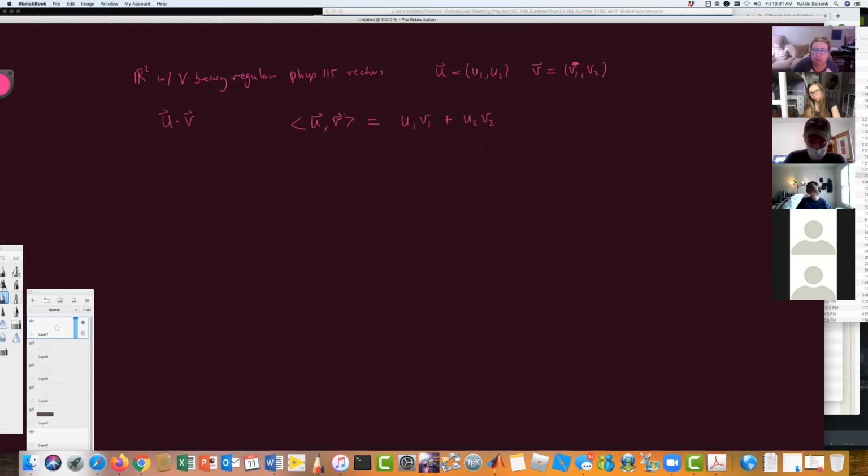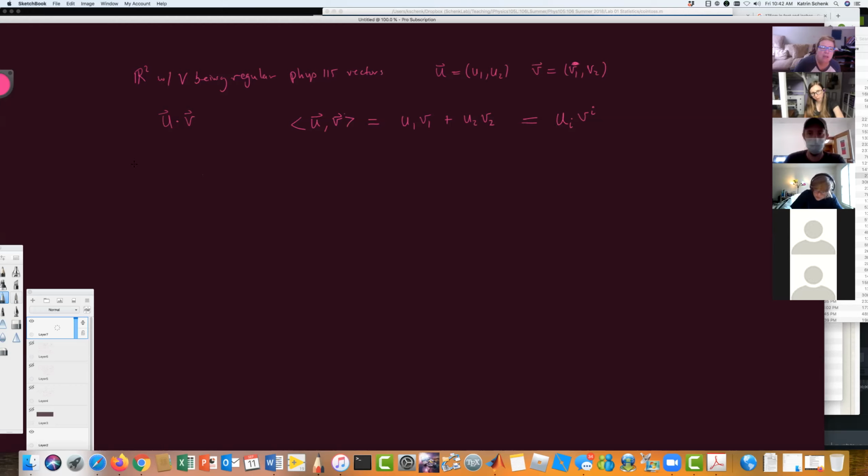You multiply the components together, like these would be the two X components, let's say, if these were the standard basis, and these would be the two Y components multiplied together. You all know that. We also make this notation U_i V_i, which is meant to say that you sum over the i's. So these repeated indices are summed over. It's kind of a shorthand for sum over all the indices.